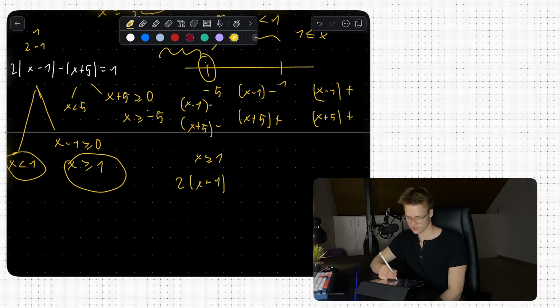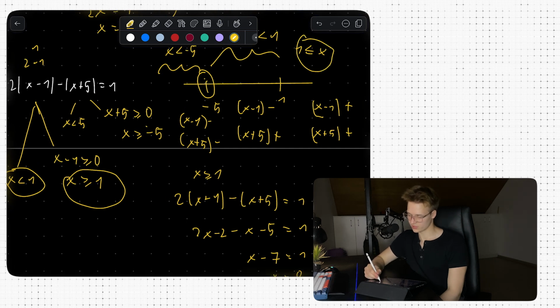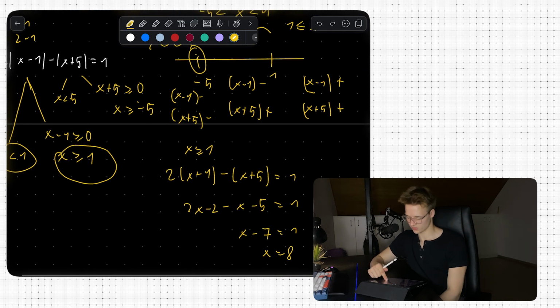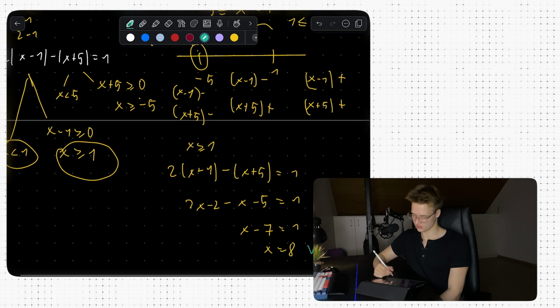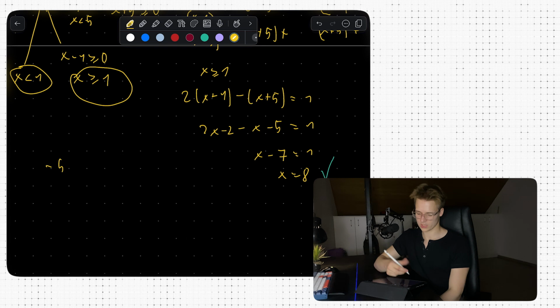So 2(x minus 1) minus (x plus 5) is 1. 2x minus 2 minus x minus 5 is 1. x minus 7 is 1. x is equal to 8, which is greater than 1, so this solution is okay.